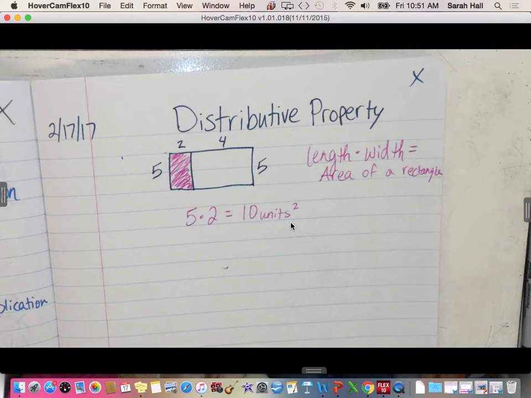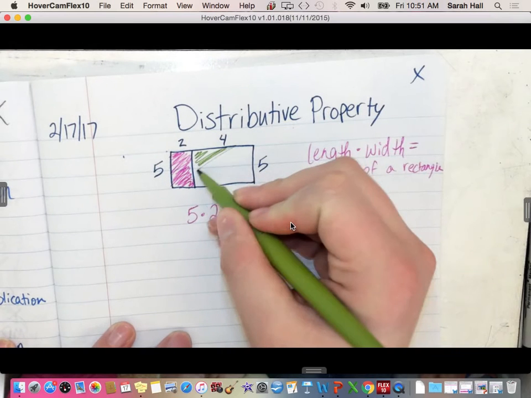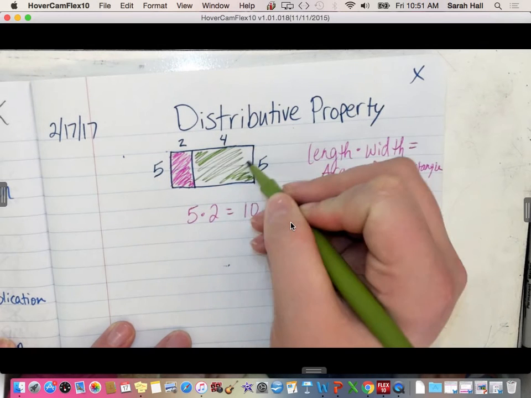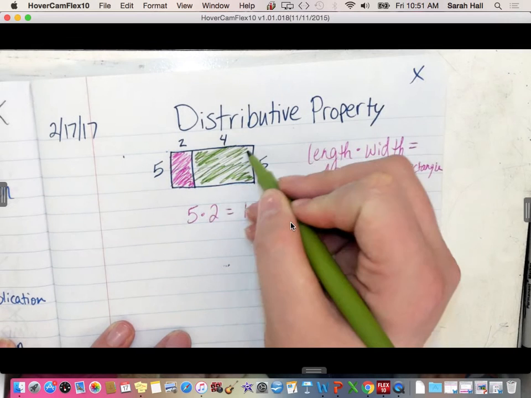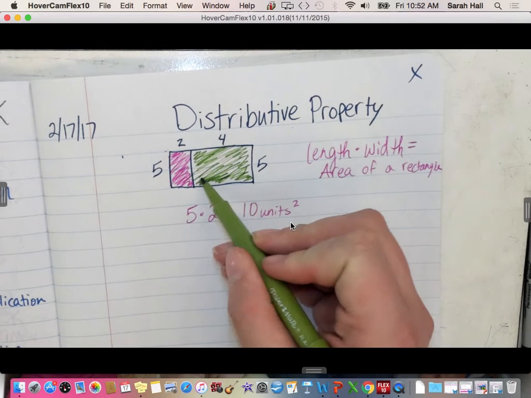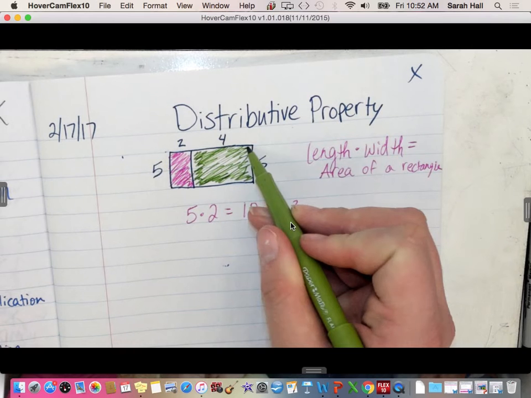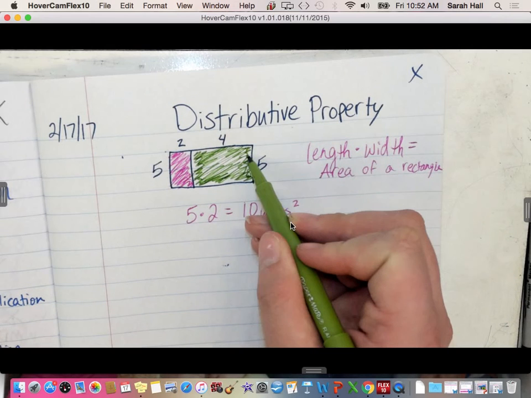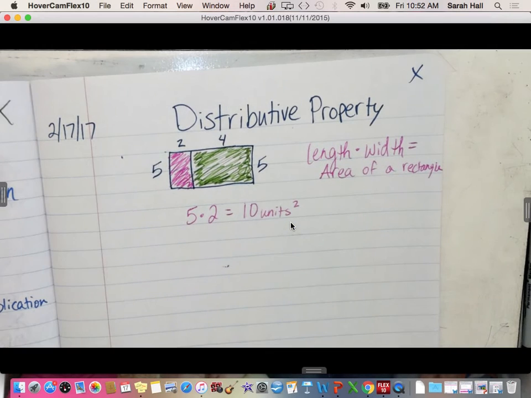Okay, so then what is the area of this rectangle? So we know to find area, I have to do length times width. I want to figure out what is the area of this green rectangle.